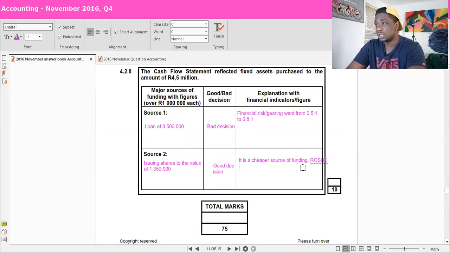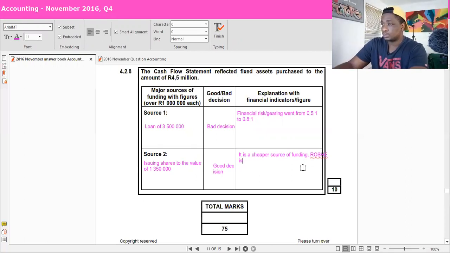Return on shareholders' equity is 4.5% versus interest on loan of 12%.